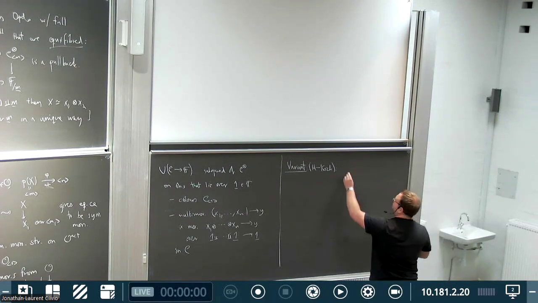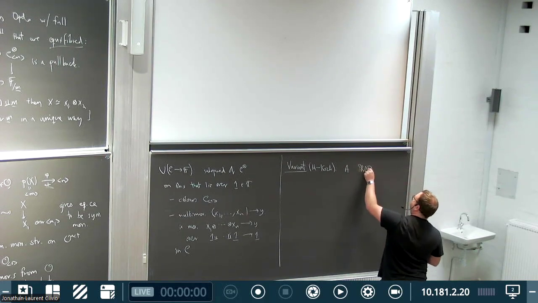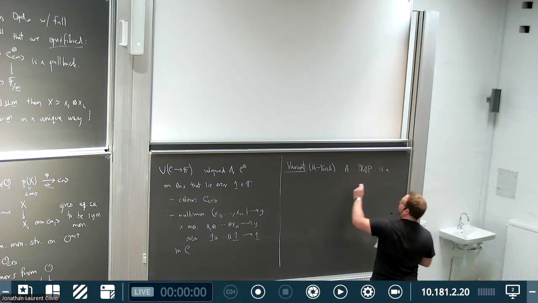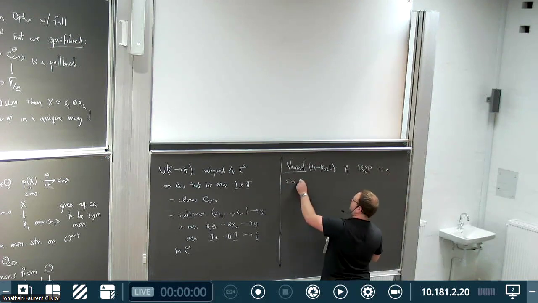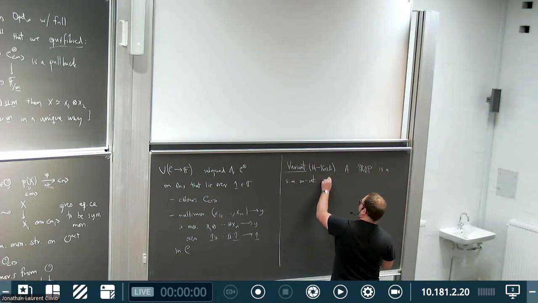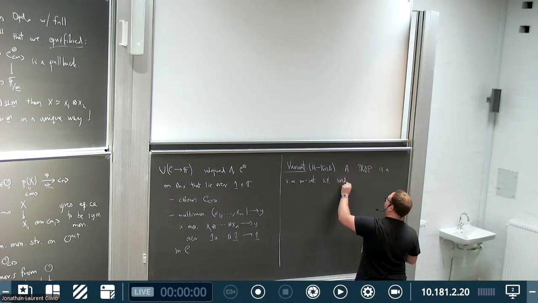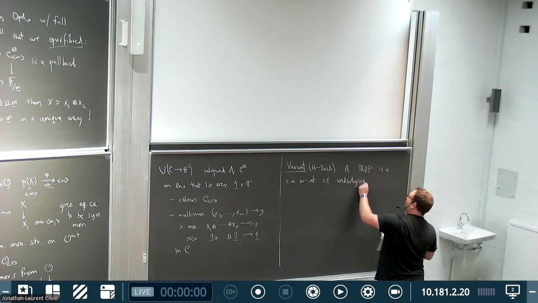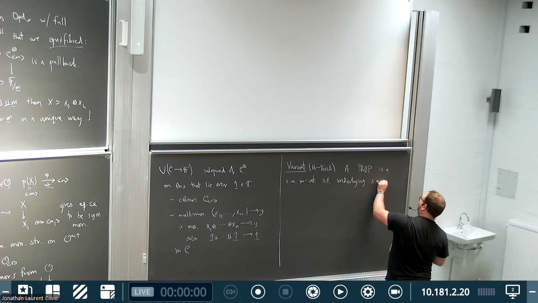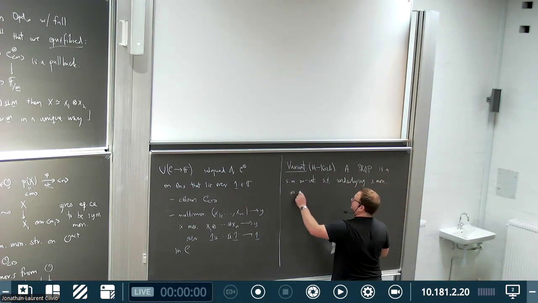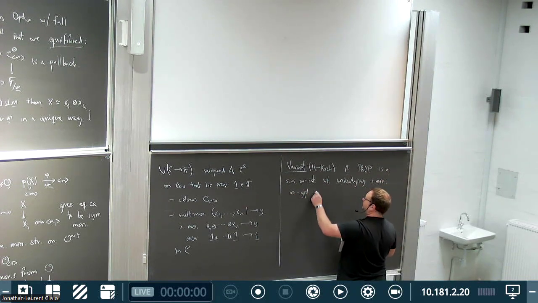So in this infinity setting, I can define a prop as a symmetric monoidal infinity category such that the underlying symmetric monoidal infinity groupoid is free.